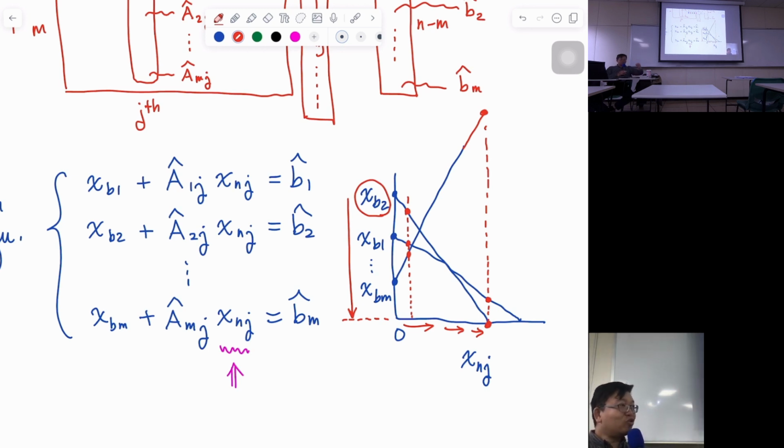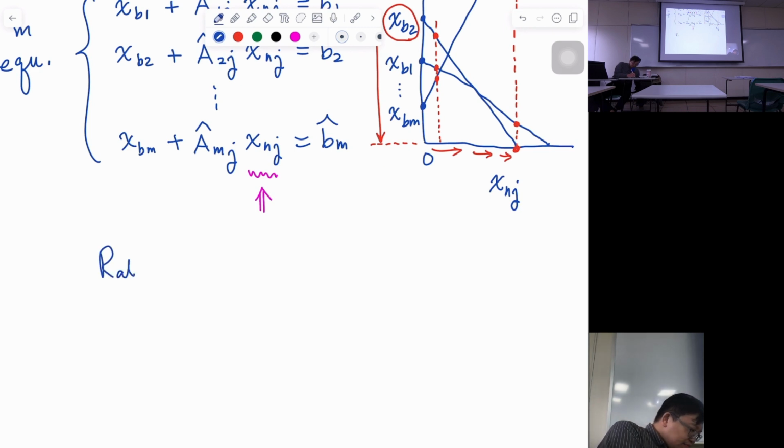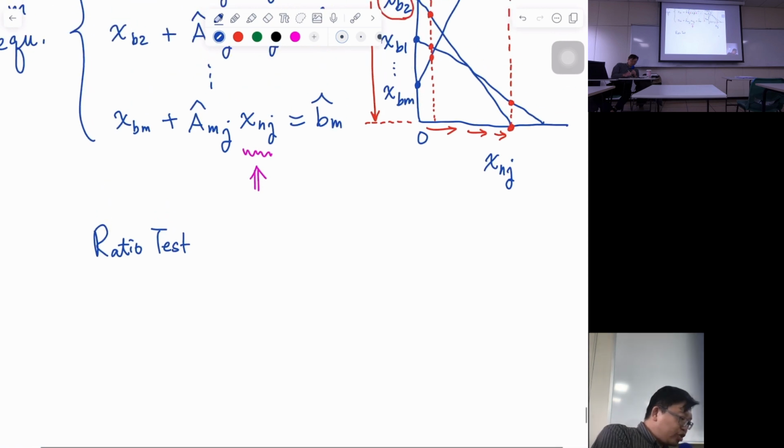So we are going to do the so-called ratio test. Actually, it's like finding the slope that drops the fastest. So we usually call this the ratio test. Inside the ratio test, we will be checking all the b_i over all the a hat ij.